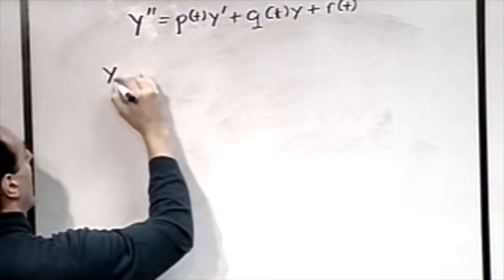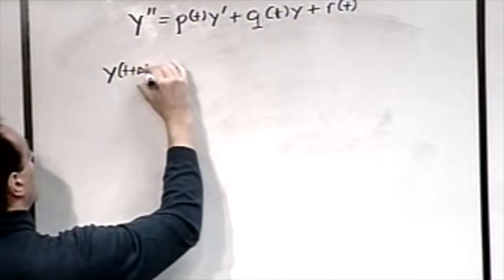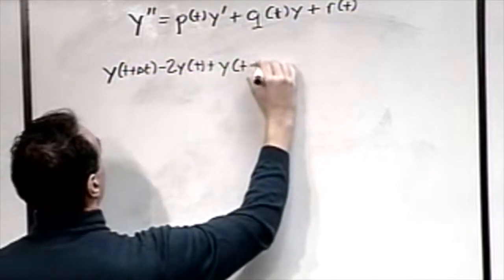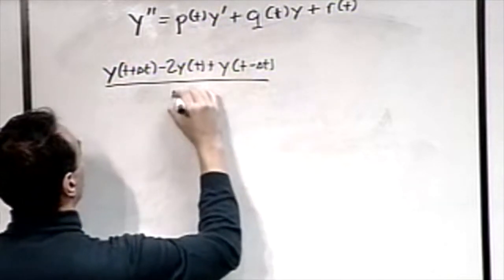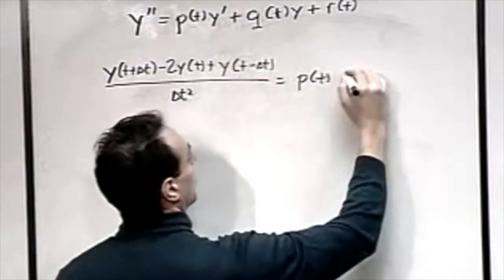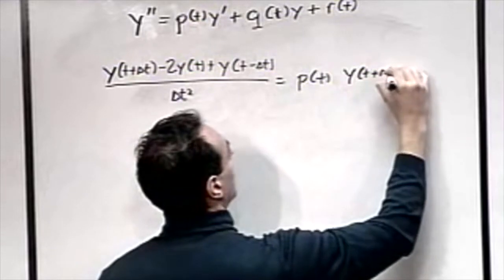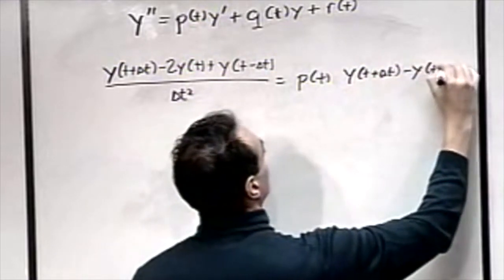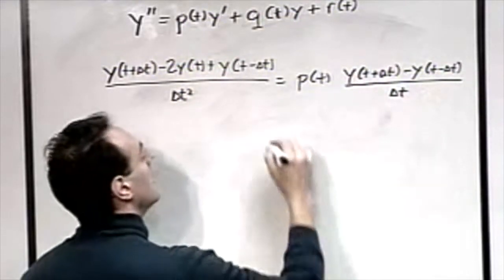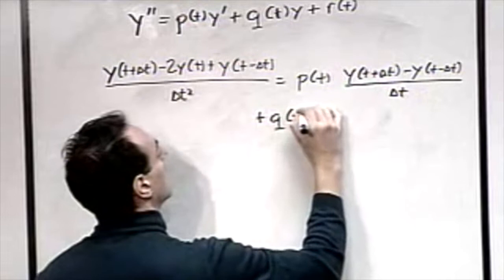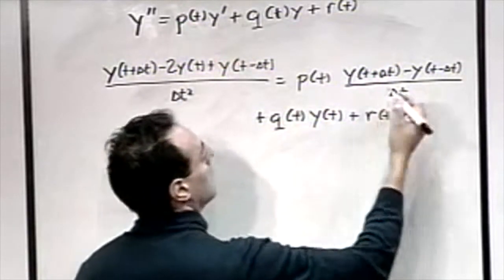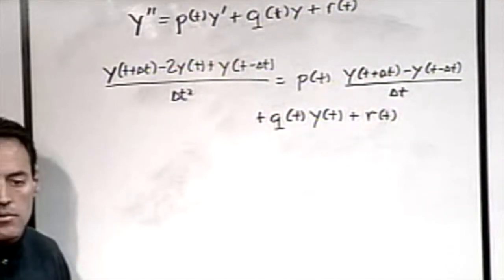All it says is y at t plus delta t minus 2 y of t plus y of t minus delta t all over delta t squared is equal to p of t, y prime, well, y prime is y of t plus delta t minus y of t minus delta t, plus q of t, y of t plus r of t. There you go. Just plugged everything in.